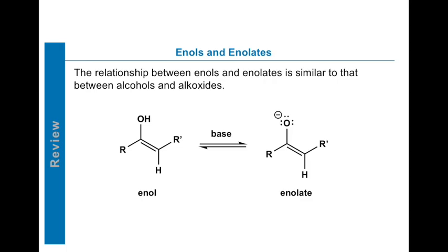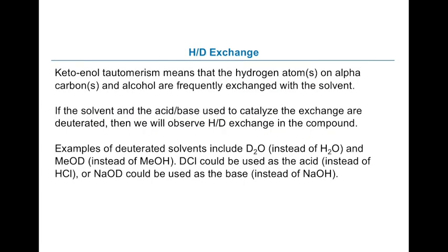You guys remember these. Enols and enolates. And again, the main thing about them I want to focus on is it's a deprotonation at that oxygen. You can think of it as related to alcohols and alkoxides. When we start talking about hydrogen deuterium exchange, what we're doing is using these acid or base conditions to find centers where enols could have existed or where enolates could have existed.